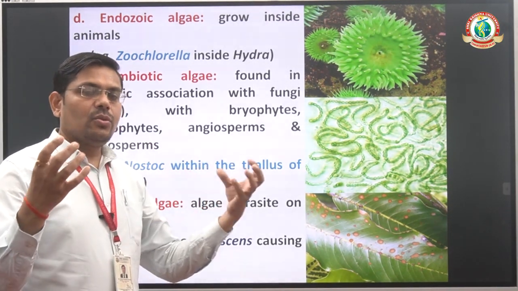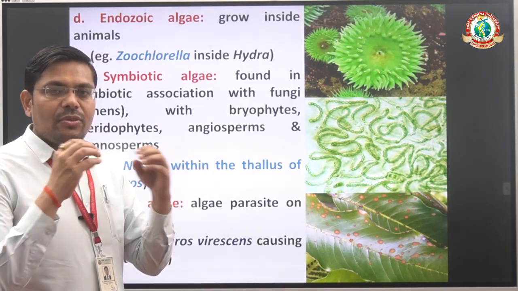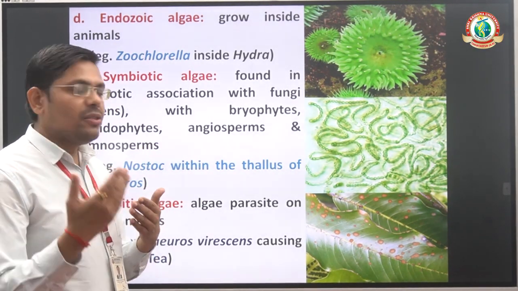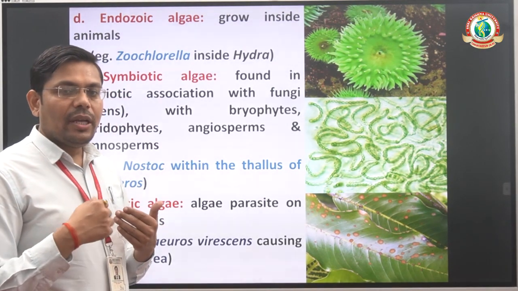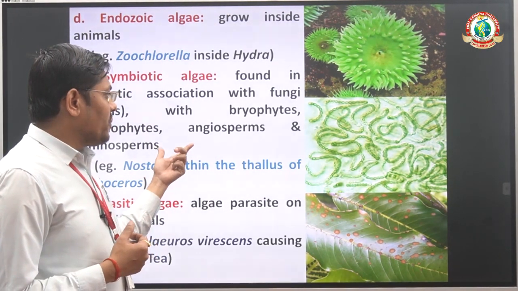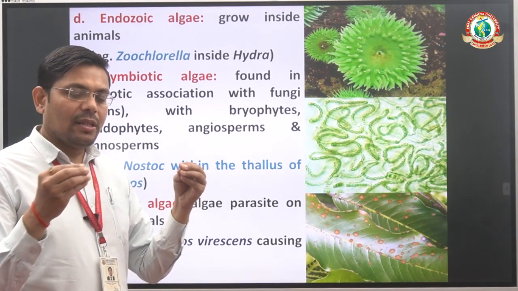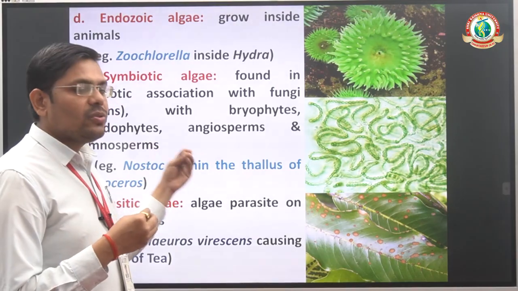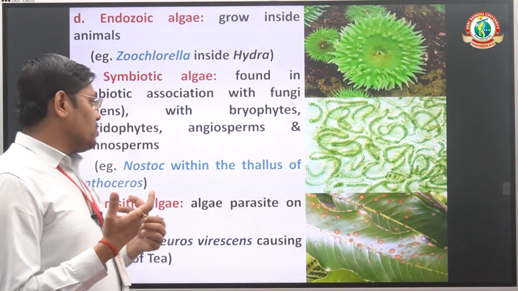Symbiotic means two organisms live together in a symbiotic relation with the other partner in which they are inhabiting. When two partners live together and benefit each other, that association is called symbiotic association.